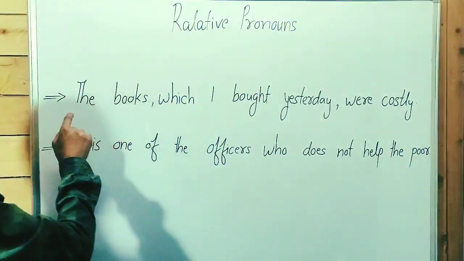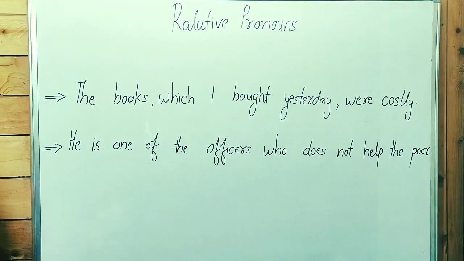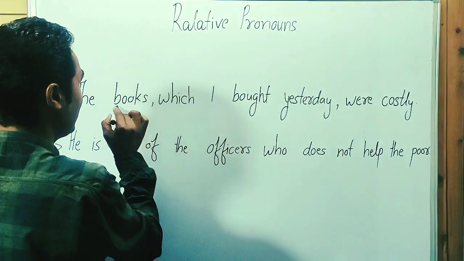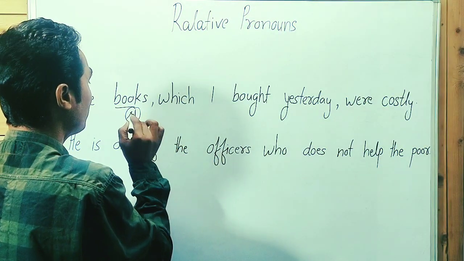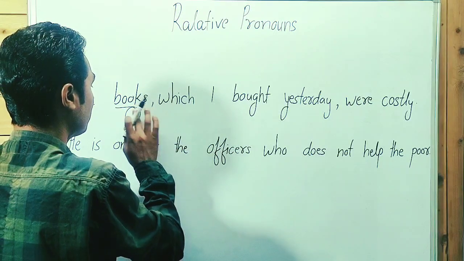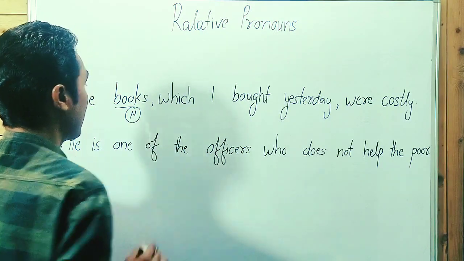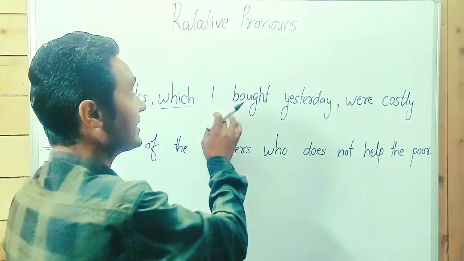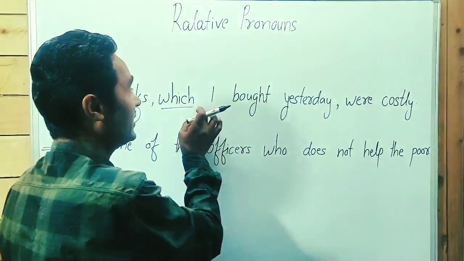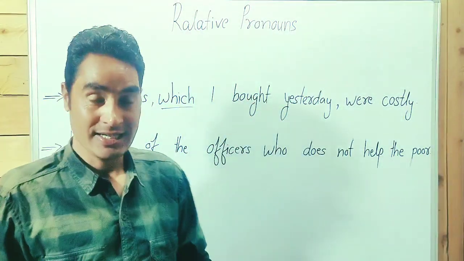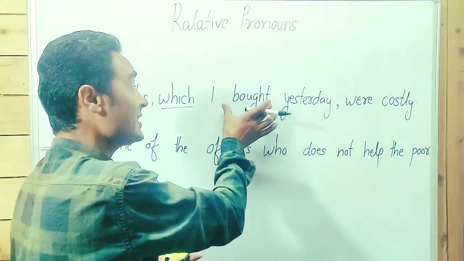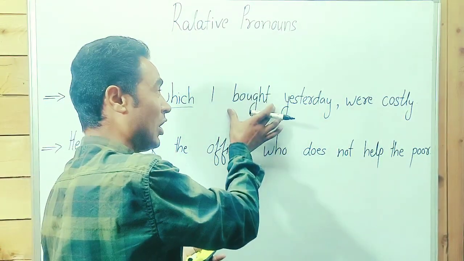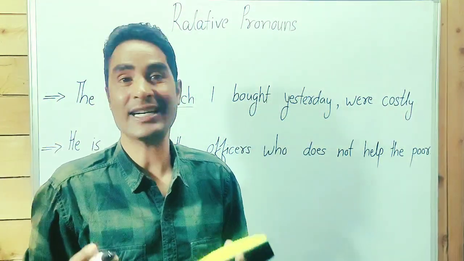Point to be noted here: the books is a noun, and which is a relative pronoun. Which I bought yesterday, this entire clause, is a relative clause. It is also called an adjective clause.